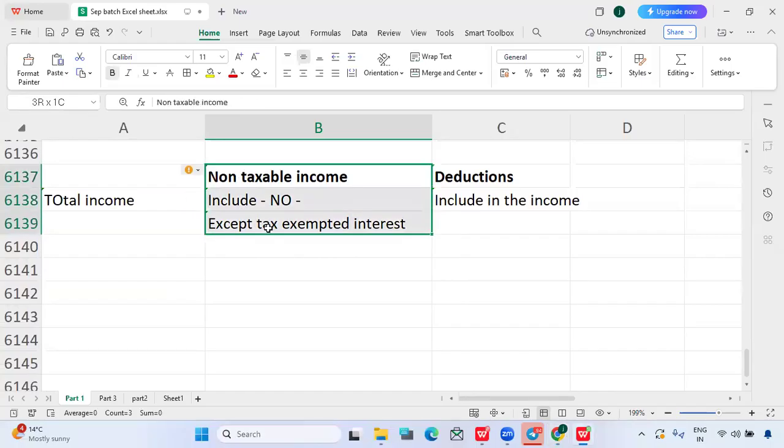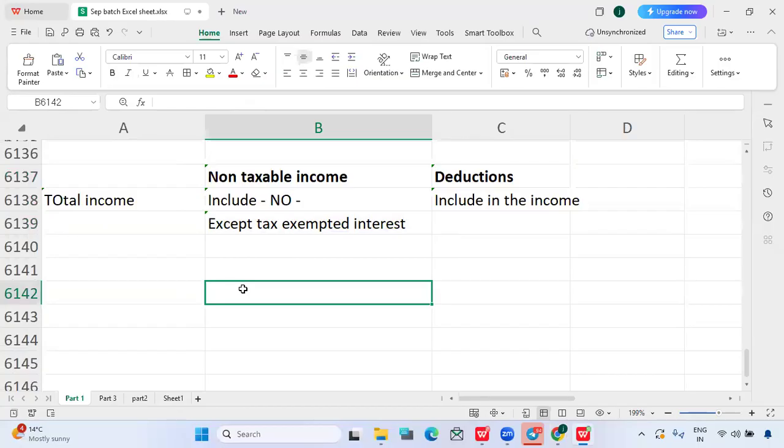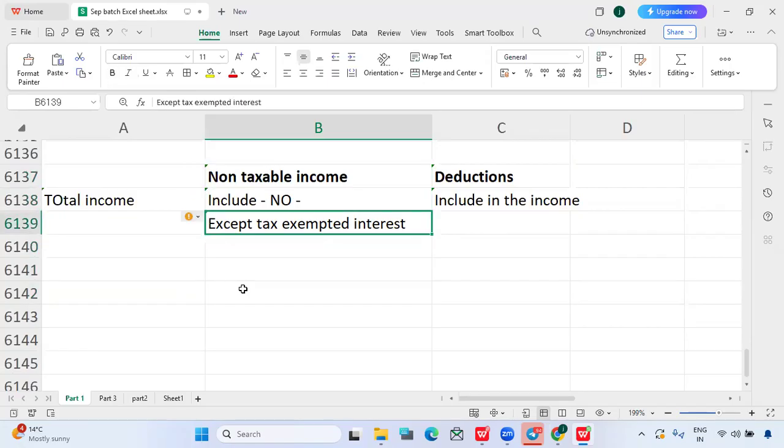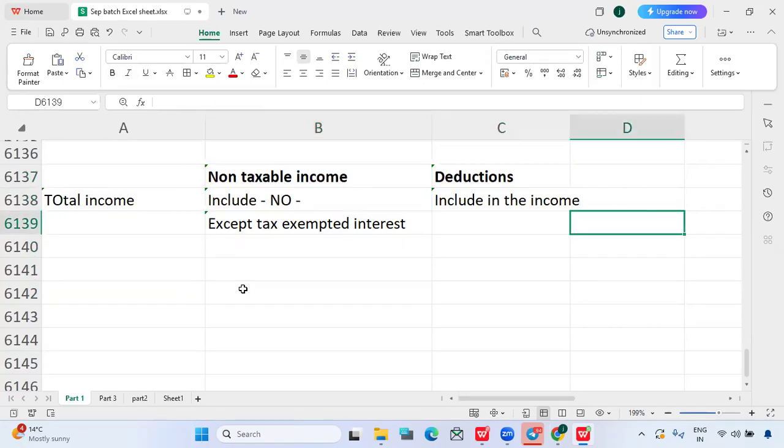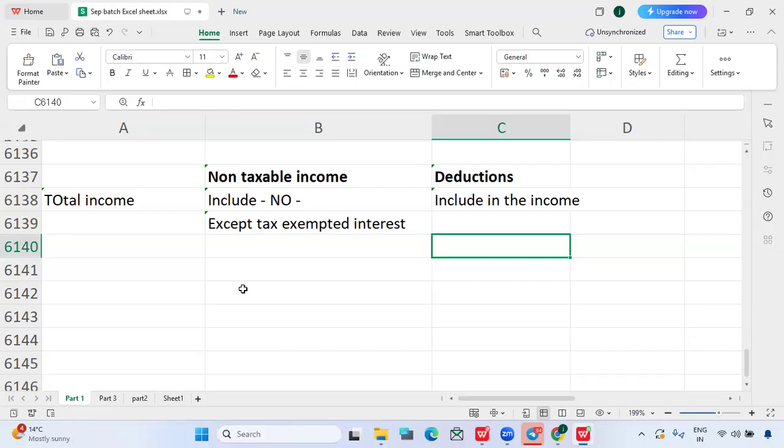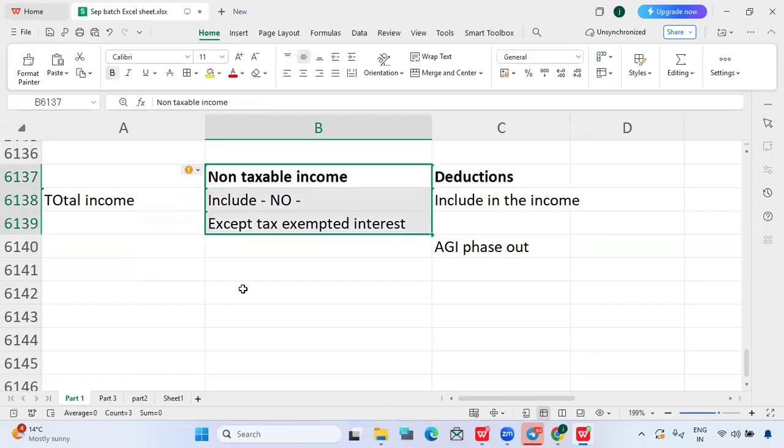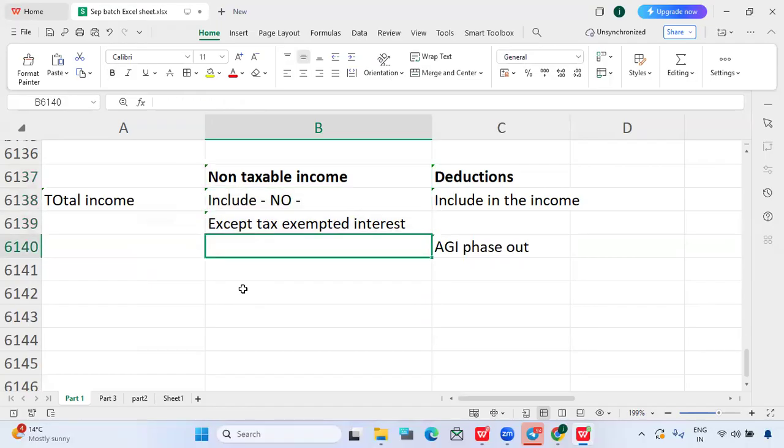For these non-taxable incomes, it will not affect anything in the income level, and they stay always non-taxable. But deductions, which we first include and then subtract, many of the deductions are based on the AGI. So we have AGI phase out, but will it impact anything on the non-taxable income? No, it will not impact anything here.